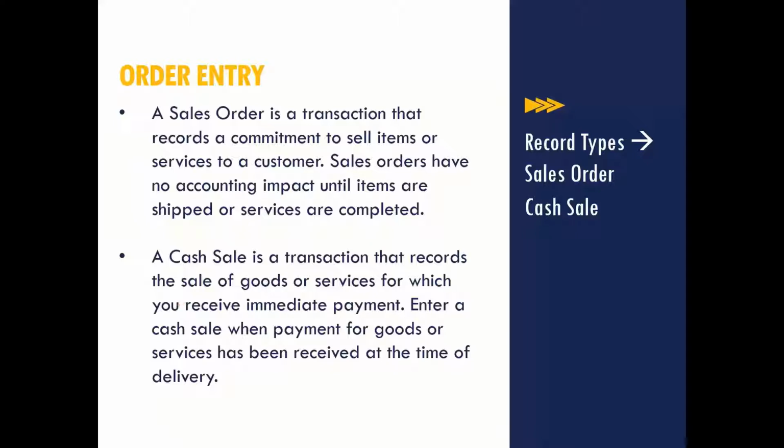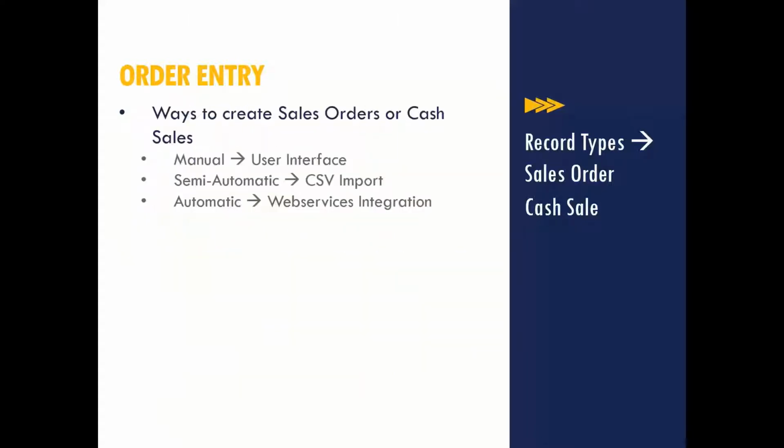All right, so let's keep talking about order entry. So again, we're still talking about sales orders and cash sales, and I want to just discuss real quick the ways to create a cash sale or a sales order in the system. So there's basically three main methods. We have manual, which is through the user interface.